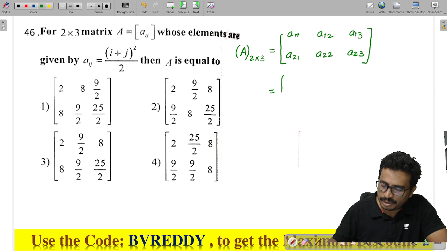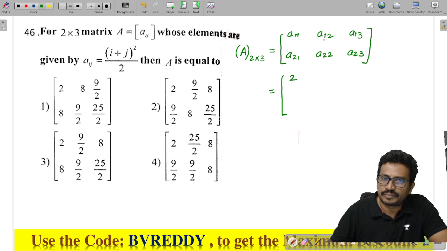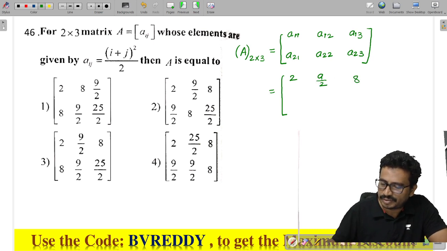Now each element is given as (i plus j) whole square by 2. For the first element, if I add these two, 2 square by 2 means 4 by 2, which is 2. Next, 3 square, 9 by 2. Next, 4 square, 16 by 2, 8.